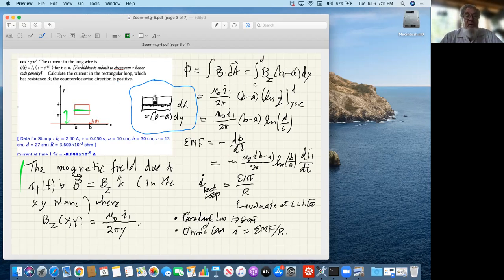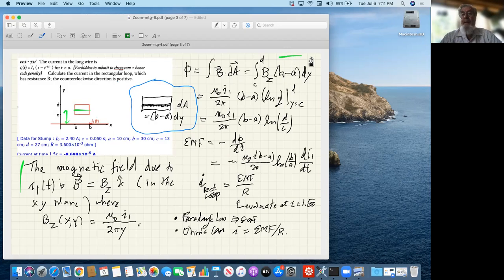And so the flux will be the integral of Bz times dA. Flux is field passing through an area. The field is B in the z direction. The area is also in the z direction because it's perpendicular to the surface. The surface is in the xy plane, so the field is in the z direction.